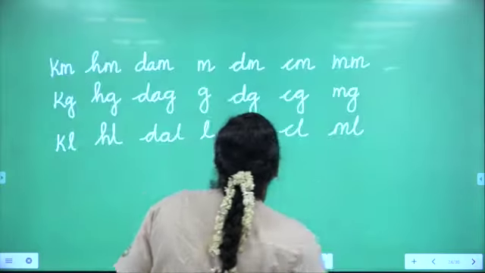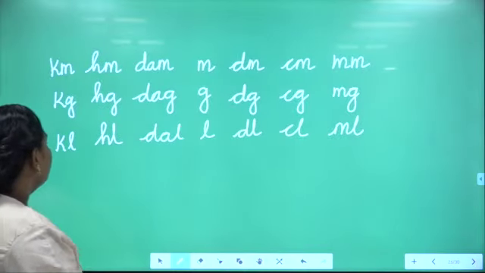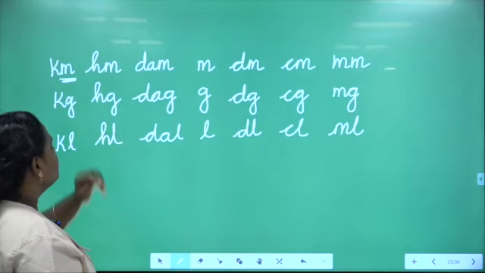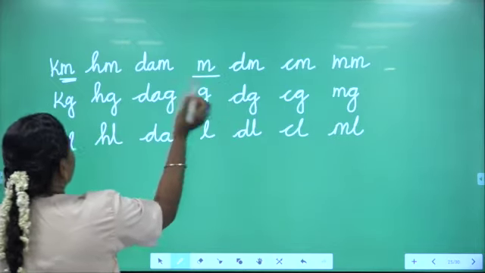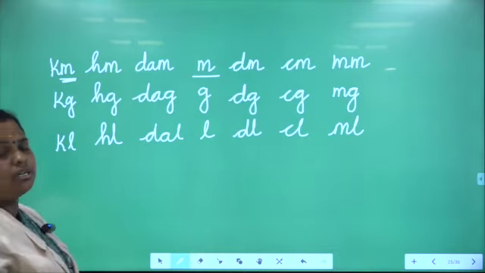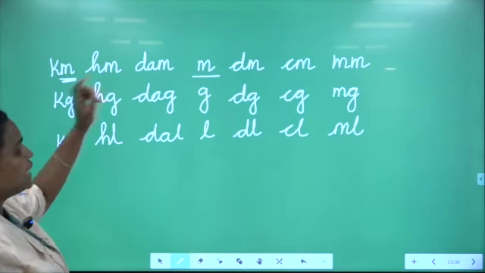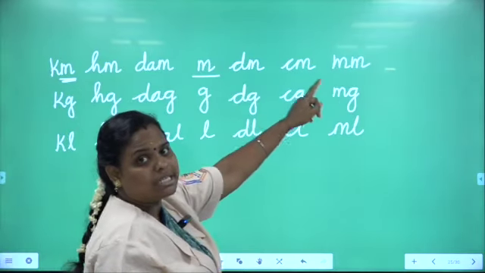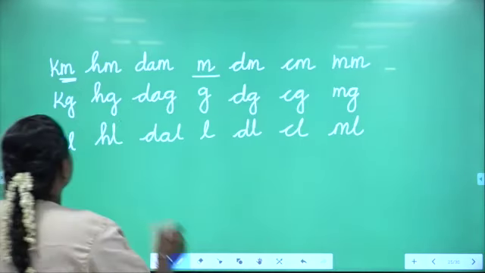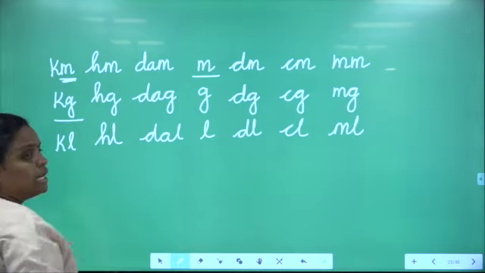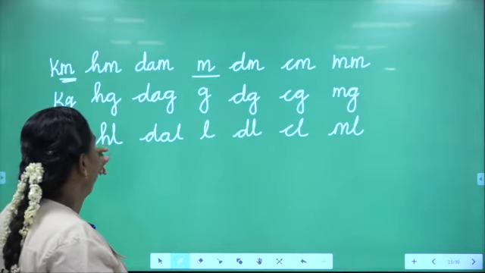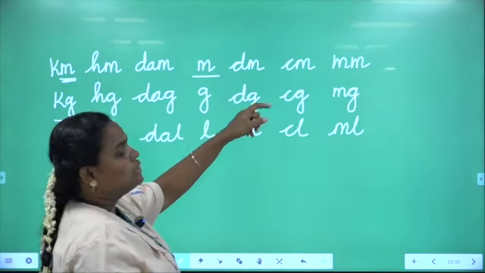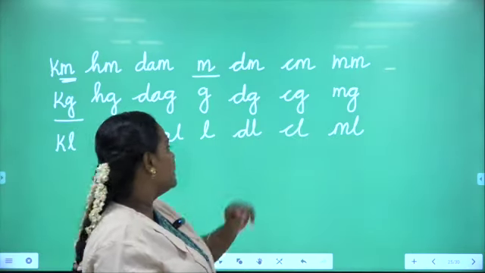So listen. For meter: kilometer, hectometer, decameter, meter, decimeter, centimeter and millimeter. Next for gram: kilogram, hectogram, decagram, gram, decigram, centigram, milligram.